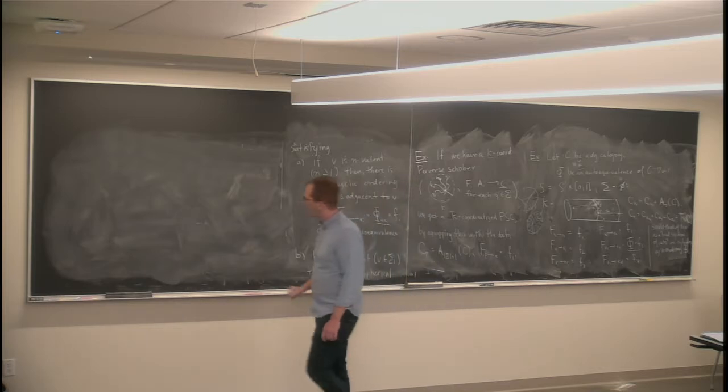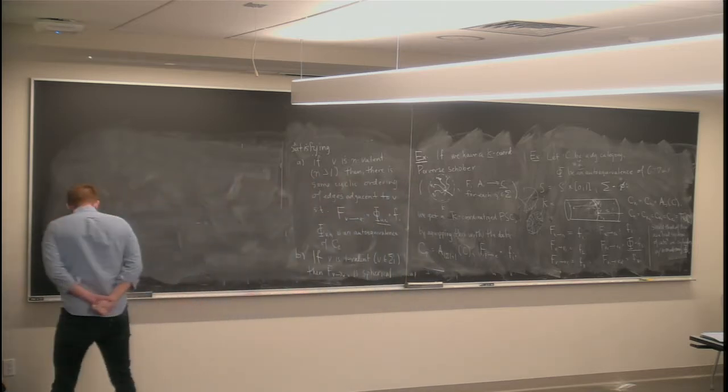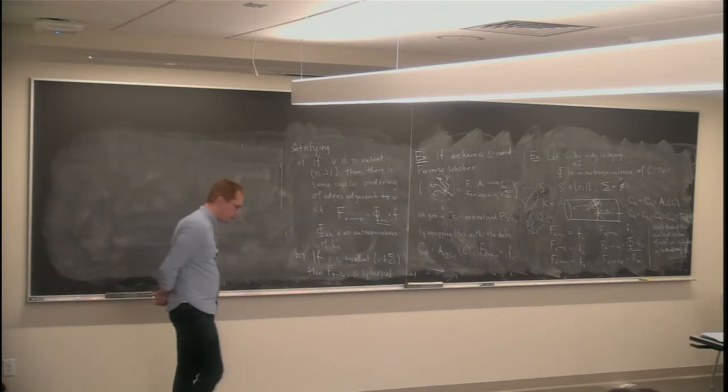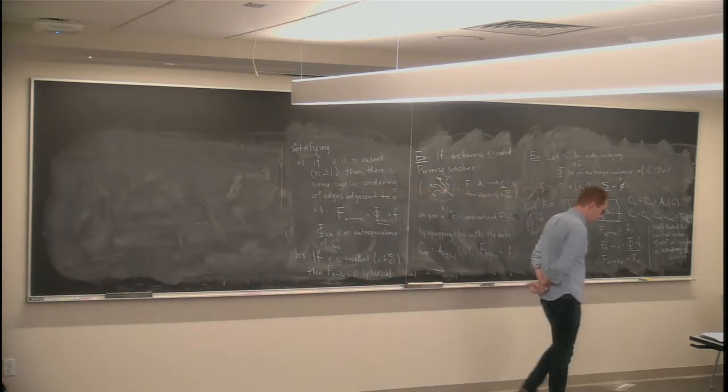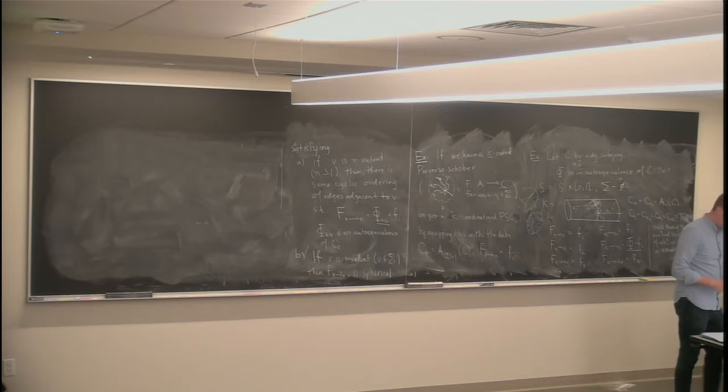I'm going to work with Dwyer-Kan. The point of a model structure is that it allows you to treat categories in a useful way, and I'll explain a little bit of how I use this.